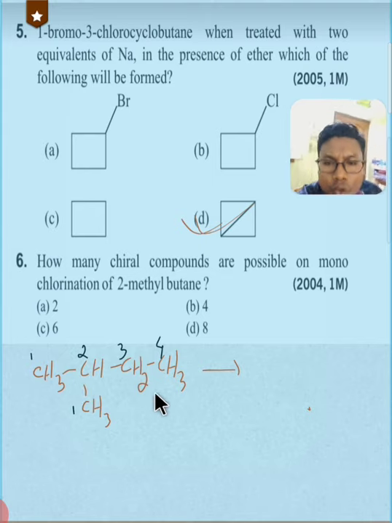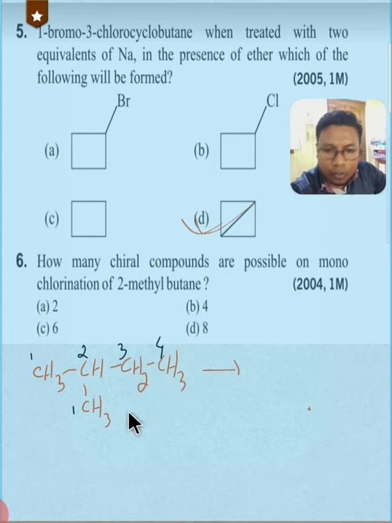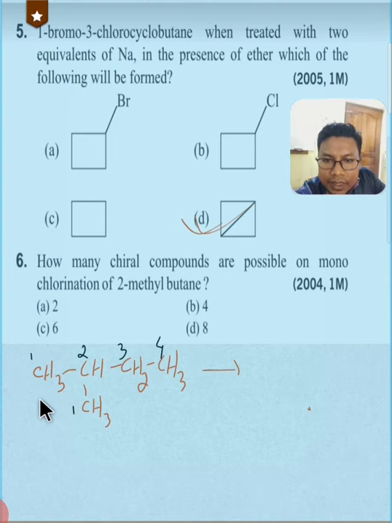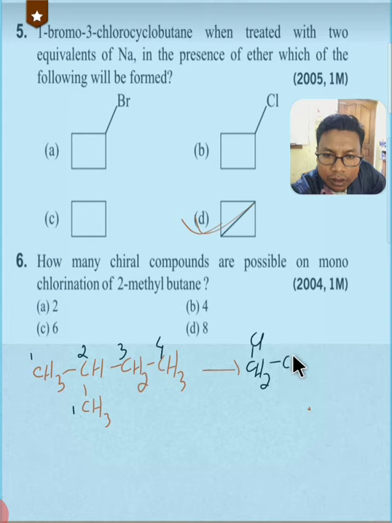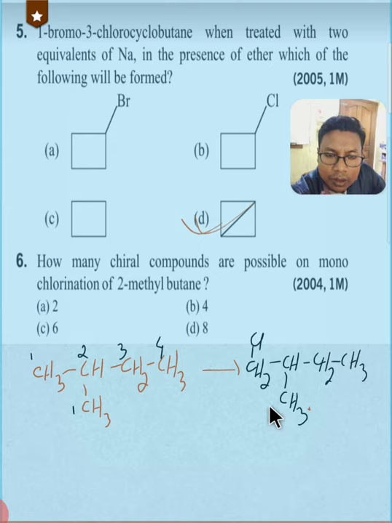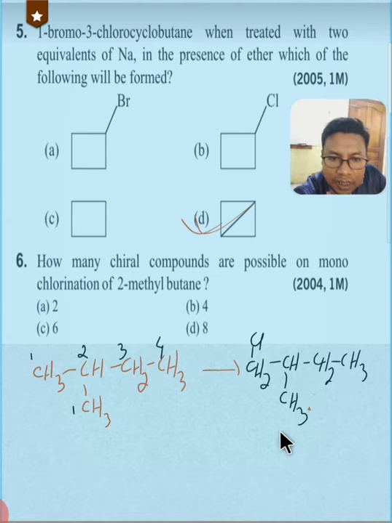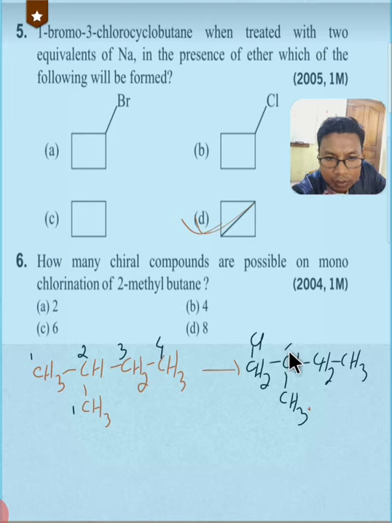So the total monochloro products will be 4. If I substitute one hydrogen from this carbon atom, then we are going to get this CH2Cl. We are going to get this one as one of the monochloro products. And is there any chiral carbon atom here? Yes, because this carbon atom is chiral now, so one chiral monochloro product is formed here.